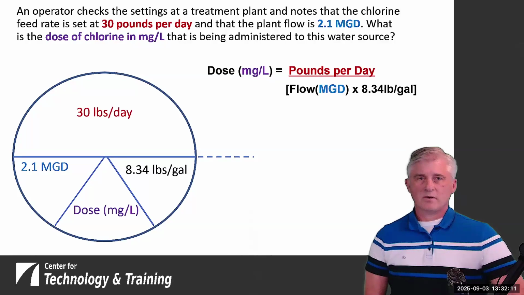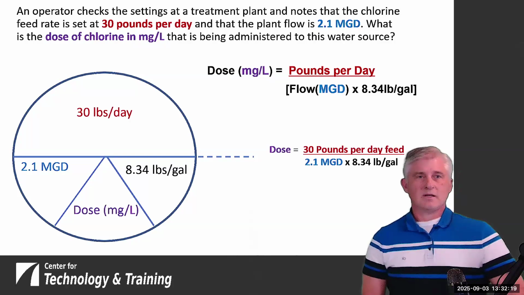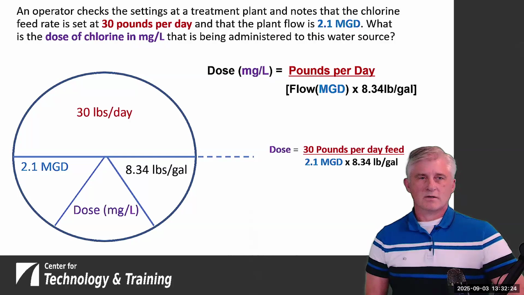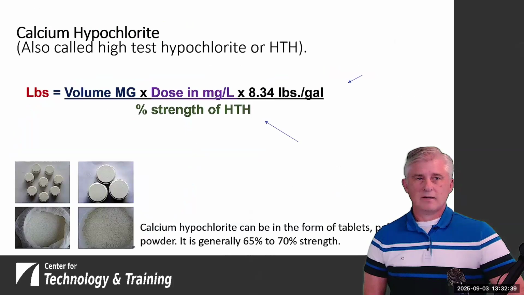We know that we have 30 pounds per day as our feed rate. So our dose is going to be equal to our pounds per day feed divided by the 2.1 million gallons per day of water and by 8.34 pounds per gallon. That gives us 1.71 milligrams per liter. And that corresponds with answer A.